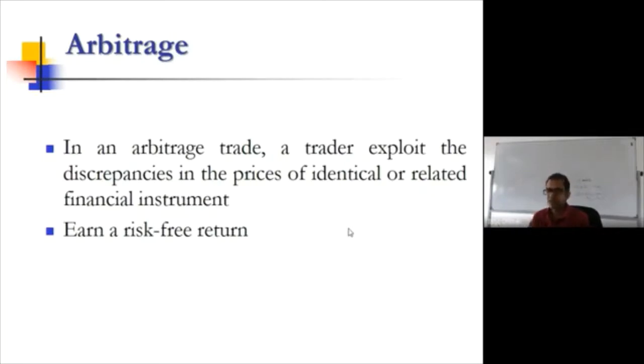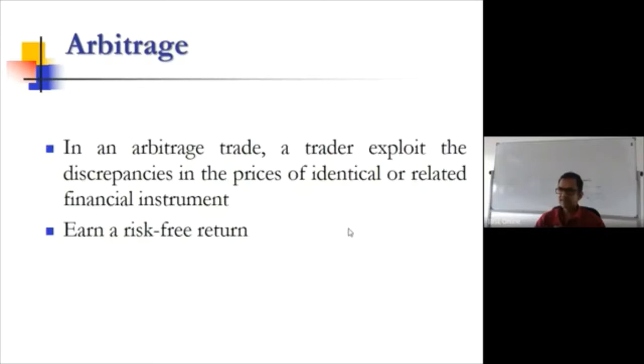You buy from one market and sell the same thing in another market at the same time. So you don't have any exposure to the market, but you make a profit. That is basically an arbitrage.